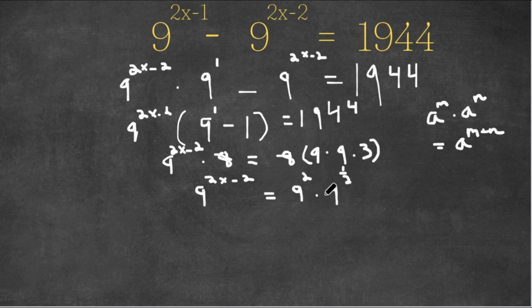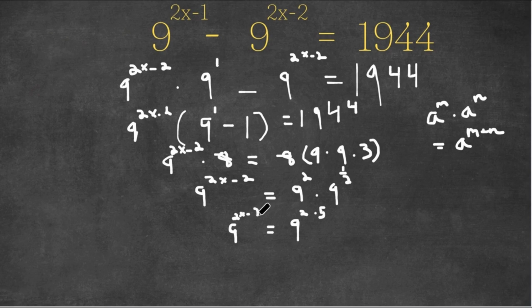So 9 to the power of 2 times 9 to the power of 1/2, this is 9 to the power of 2 plus 1/2. And 2 plus 1/2 is 2.5. So this would be 9 to the power of 2.5. And this is equal to 9 to the power of 2x minus 2.